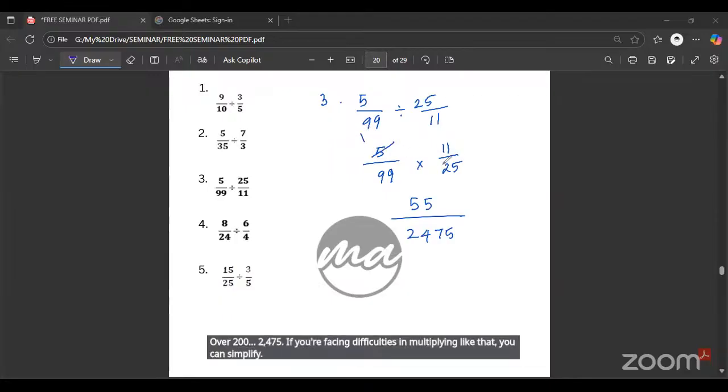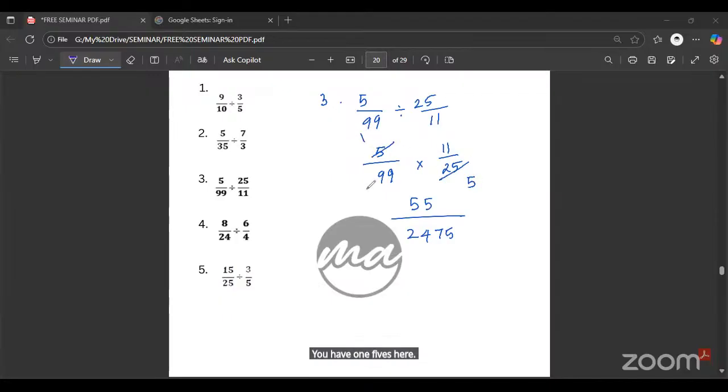You have 1 5 here, 5 5s here, 9 11s here, 1 11 here. So simply what you can do here is 1/45. Do you get that? Did you get this as your final answer? Yes, miss.